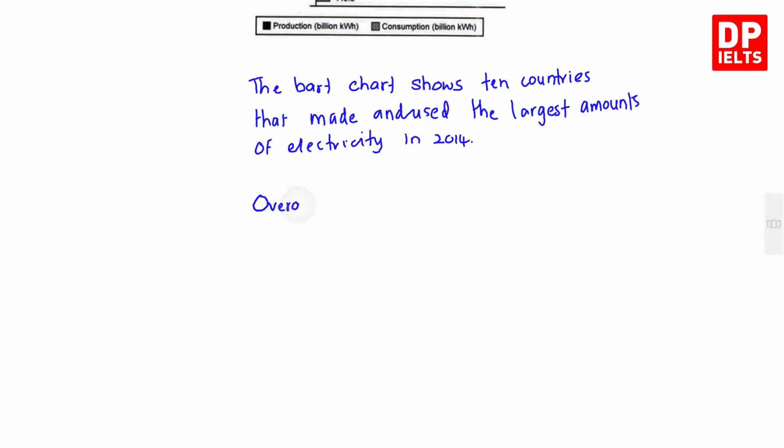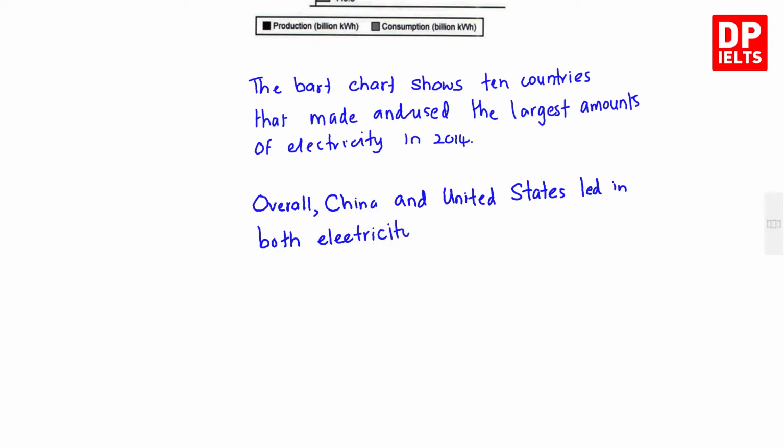Overall, China and the United States led in both electricity output and use.